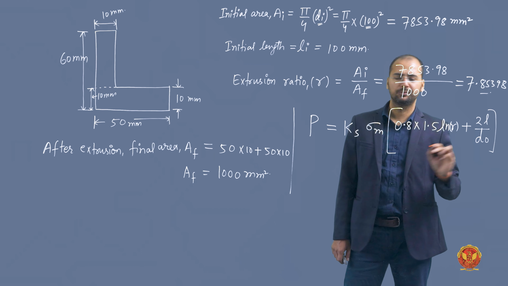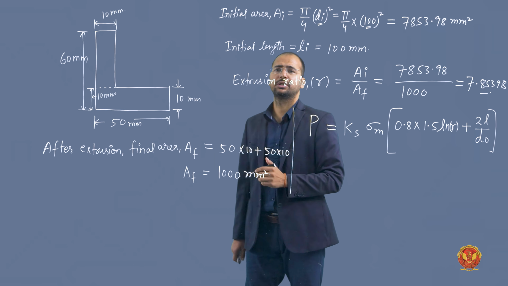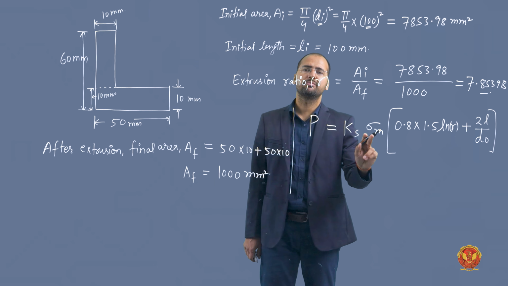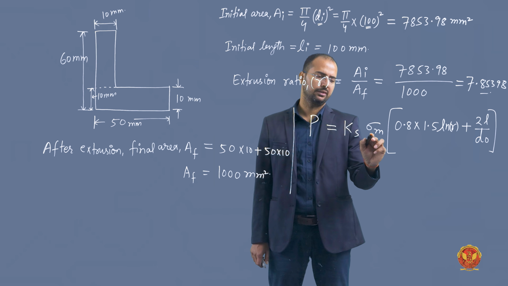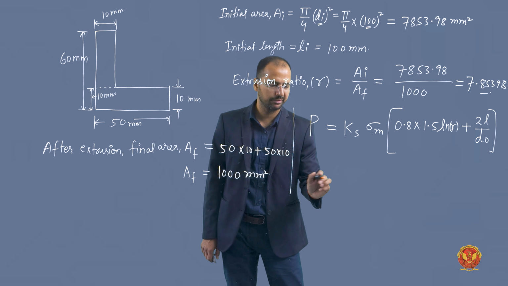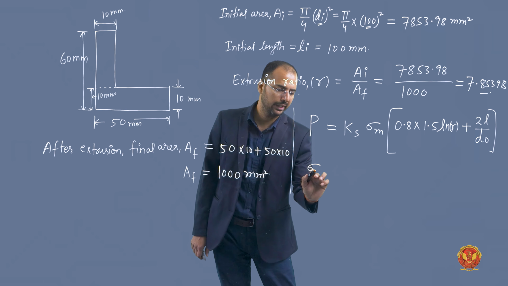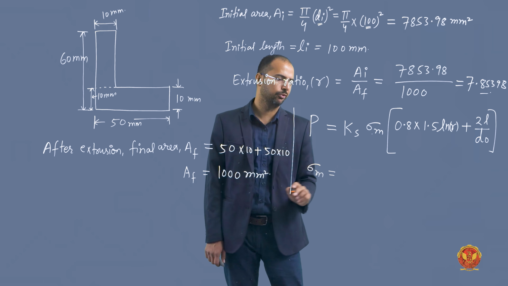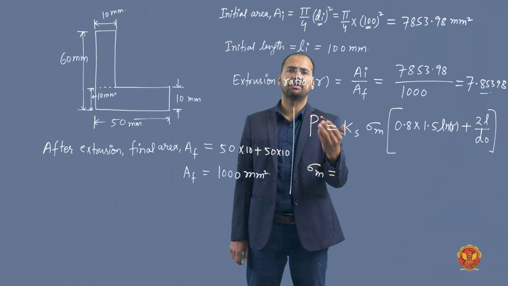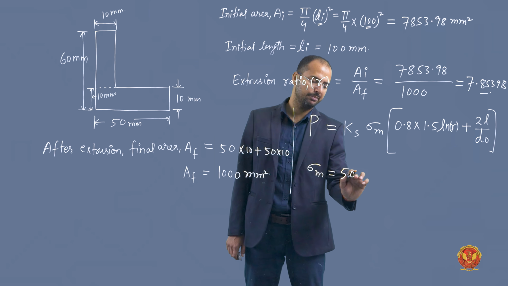In the question they have given sigma m, the mean flow strength, and the value of mean flow strength is 50 megapascal.